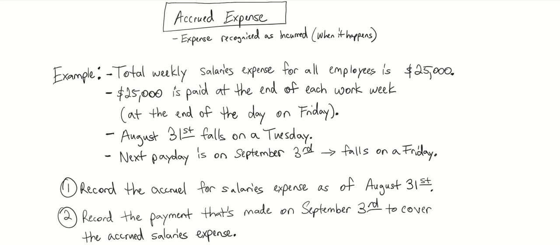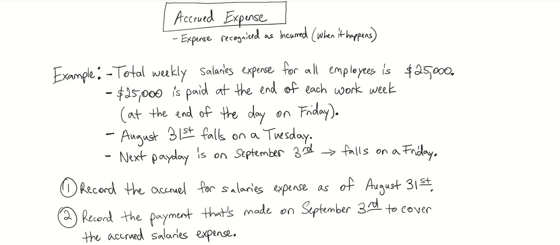Total weekly salaries expense for all employees is $25,000. $25,000 is paid at the end of each work week, which is at the end of the day on Friday. August 31st falls on a Tuesday. So next payday is on September 3rd, which falls on a Friday.